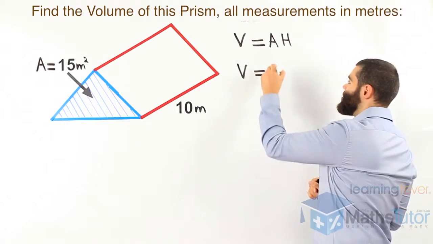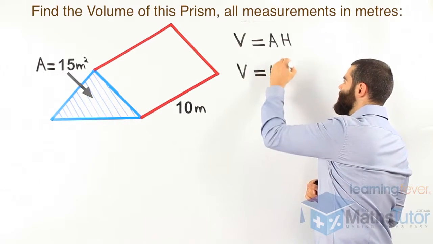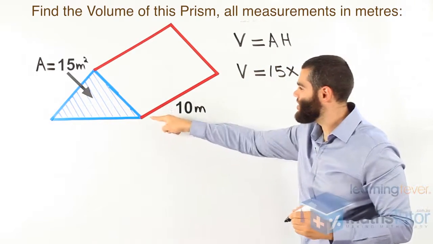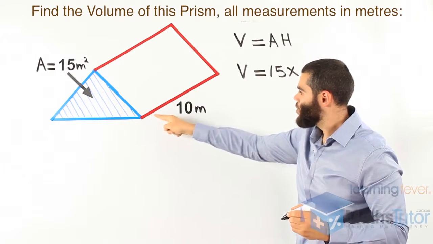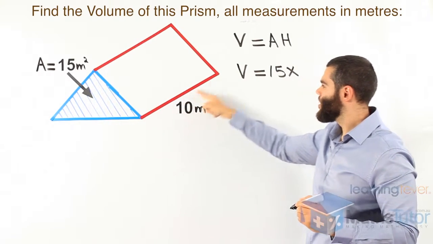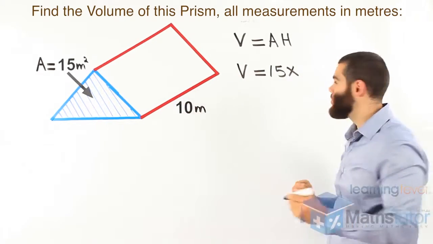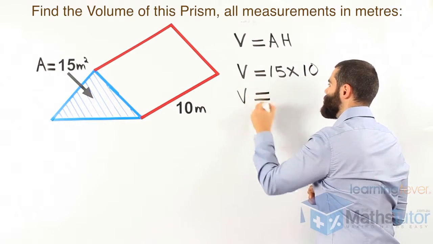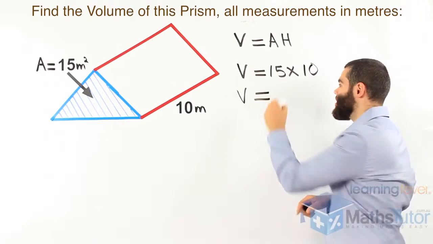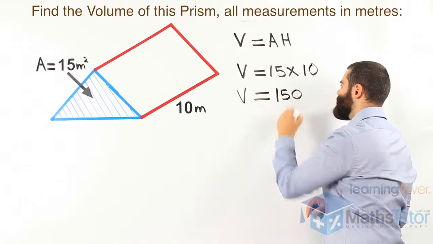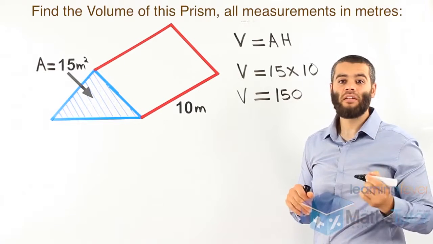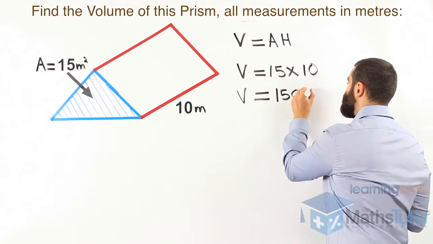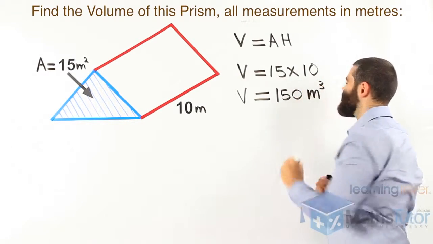The area of the cross section is 15, and the H is the height or the depth of the prism. In this case, it is 10 meters. Now, the volume, 15 times 10, 150. 150 what? 150 cubic meters.